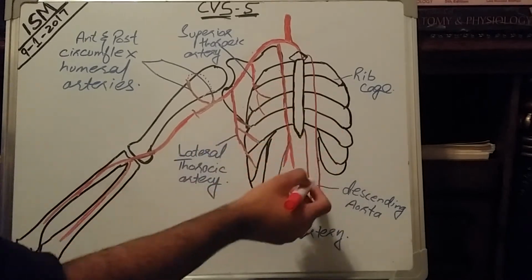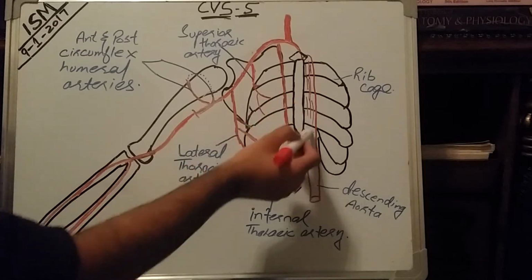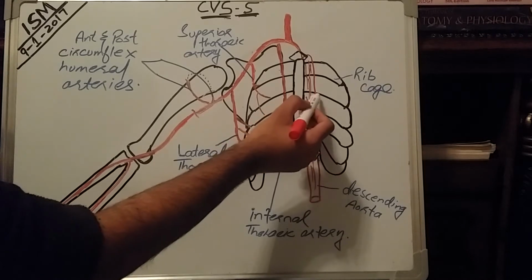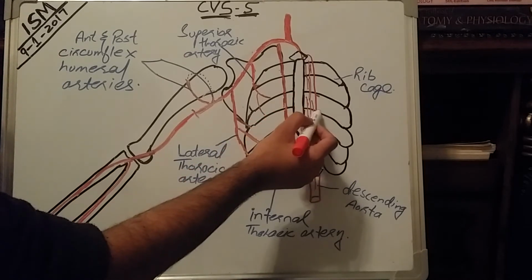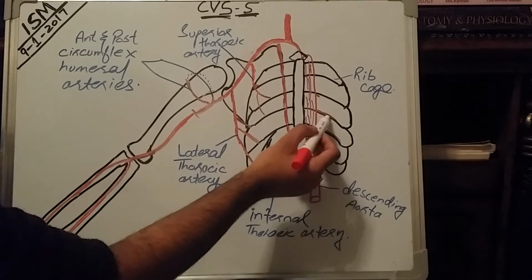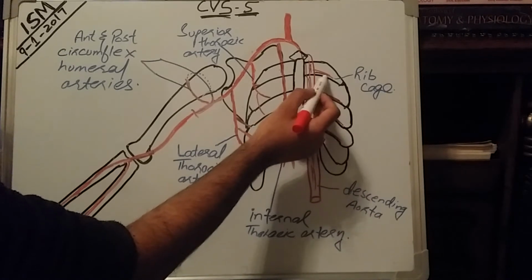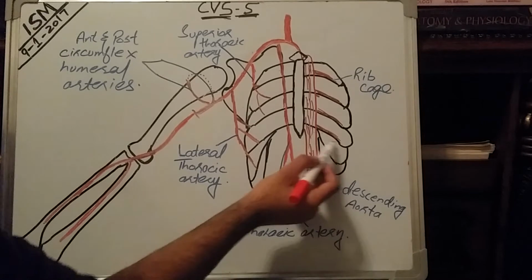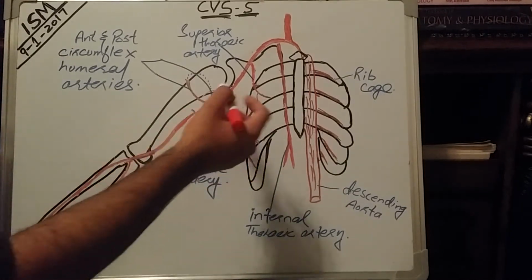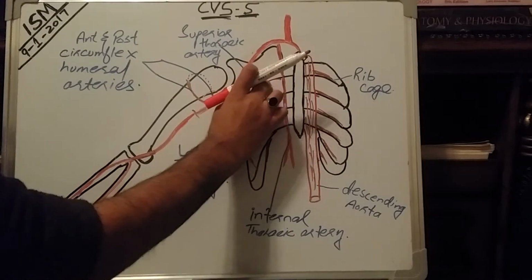The descending aorta provides blood supply to the posterior region of the rib cage, of the ribs, and the internal thoracic provides to the anterior side.